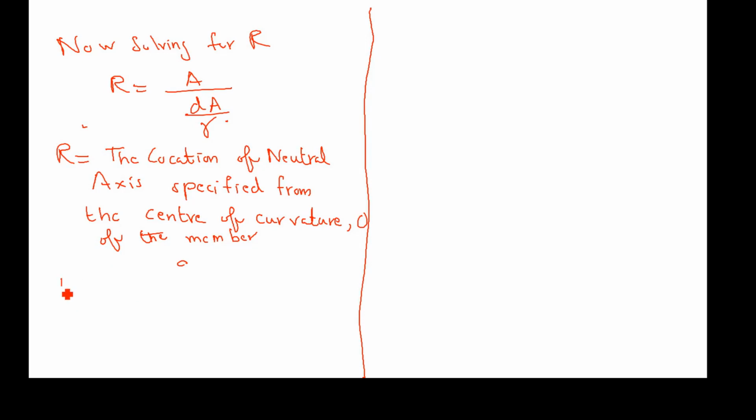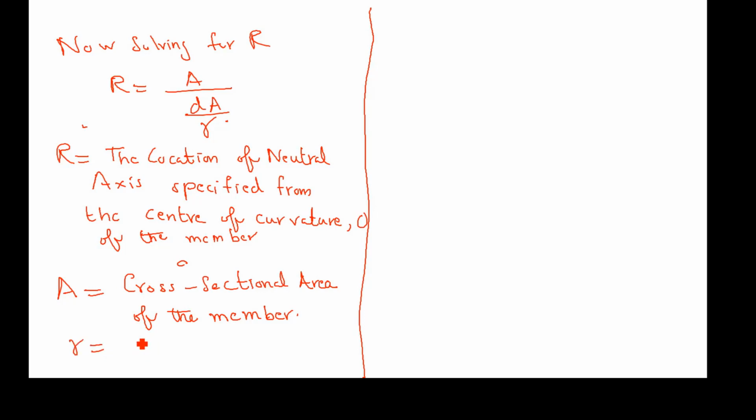Next, capital A is the cross-sectional area of the member. What about small r?